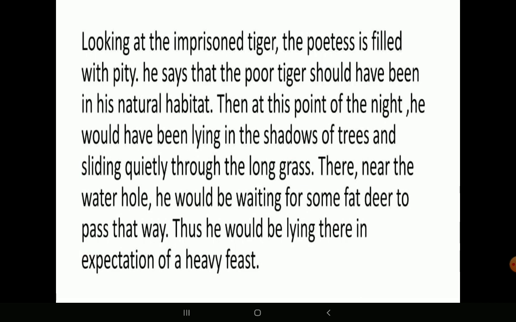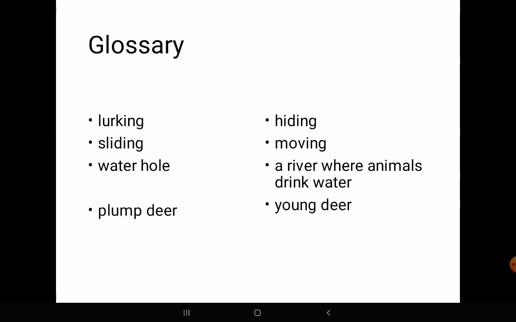There, near the water hole, he would be waiting for some fat deer to pass that way. Thus, he would be lying there in expectation of a heavy feast. This is the glossary to paragraph number 2: lurking, hiding, and the rest of the words. Go through them, own the words, use them in your own language.